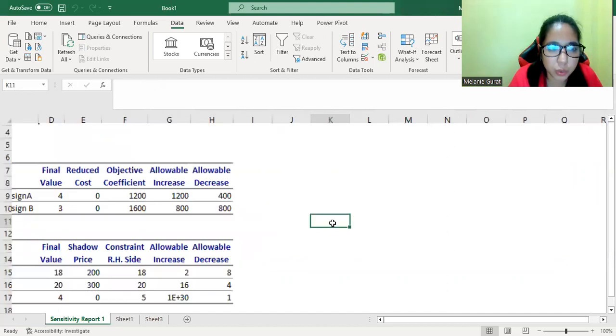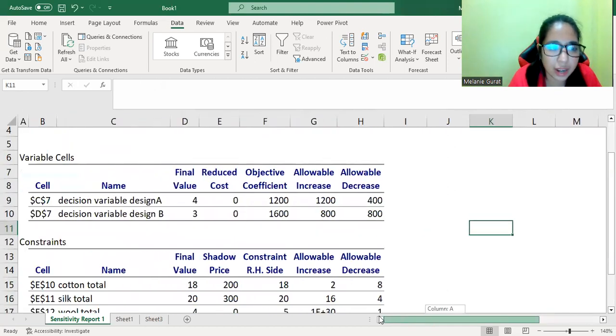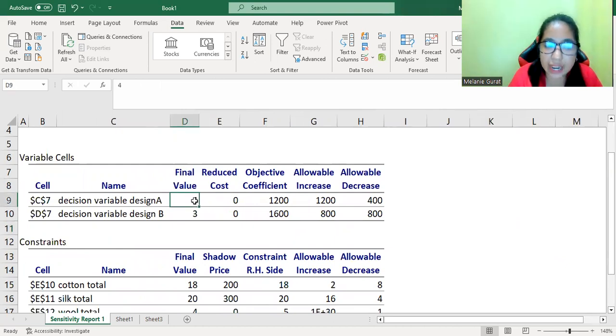It also shows the values computed, like the number of design A. So we have final value 4 for design A and 3 for design B, then reduced cost and the objective coefficients 1,200 and 1,600 respectively.